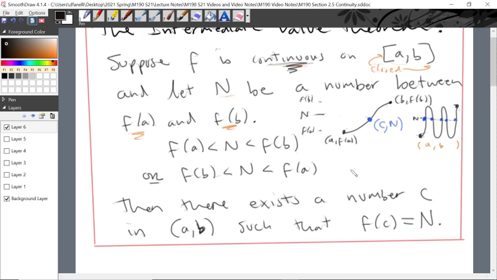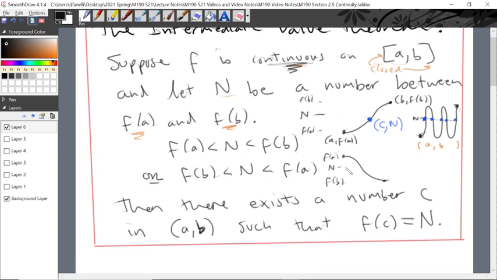If the function happened to be a decreasing function, it still would be true. If it were decreasing, that would be this case right here, where again this is where the input is a, but now f of a is up here and f of b is down here. Well, then n would be chosen in this fashion, where f of a is larger but f of b is smaller.